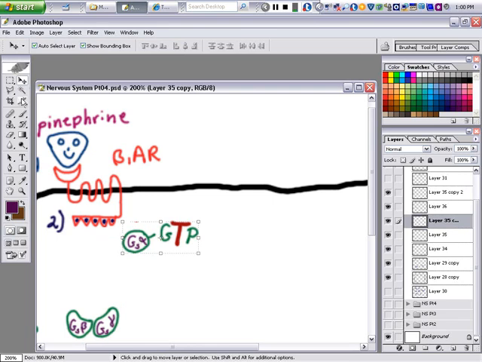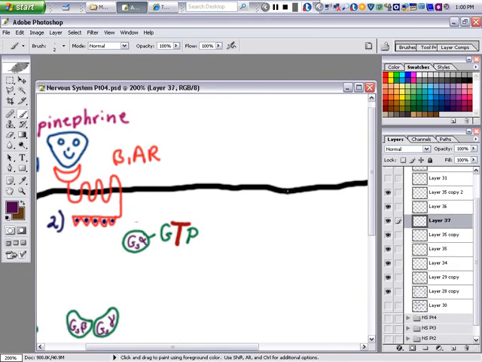We have another protein that's found right on the inside of the membrane. Let's put a little groove right there.